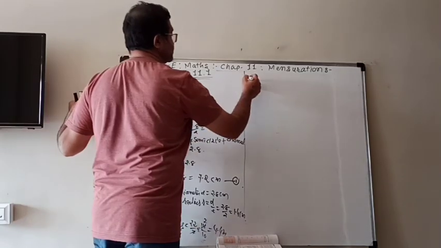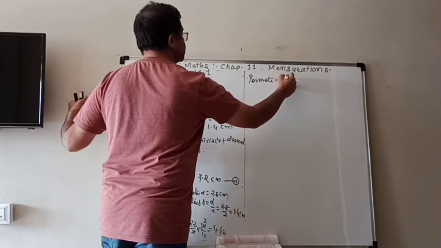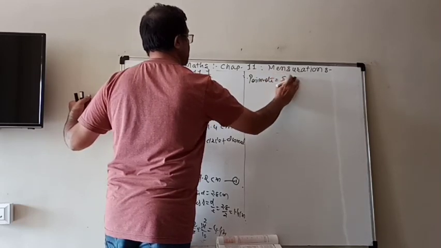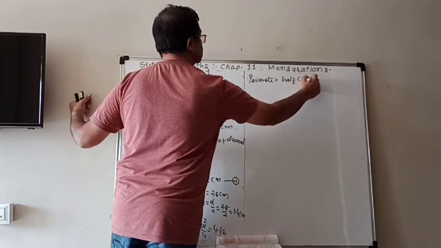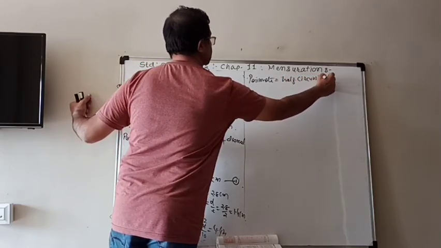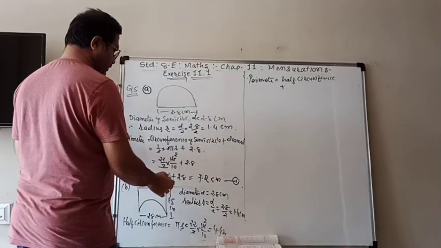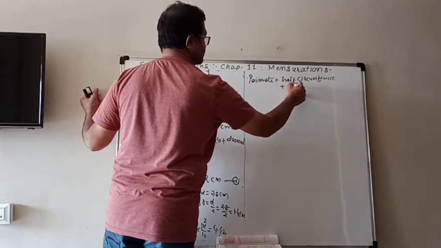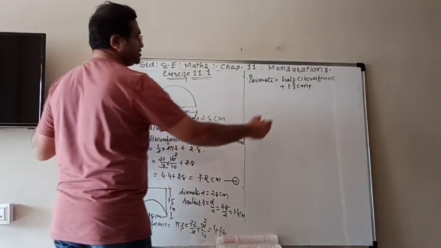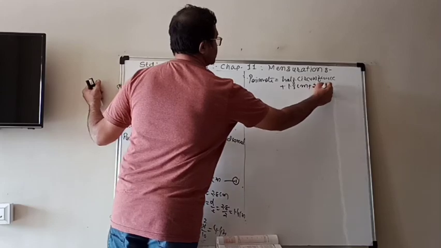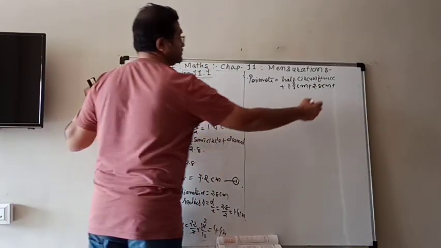Therefore perimeter is equal to half circumference plus 1.5 plus that one is the same as 2.8 and plus again this 1.5.